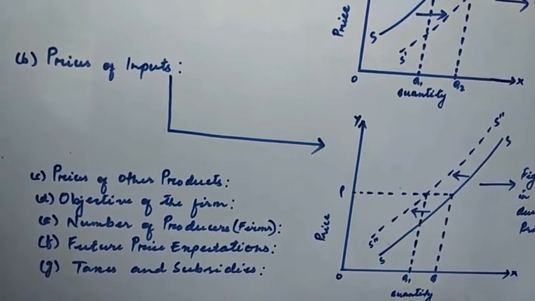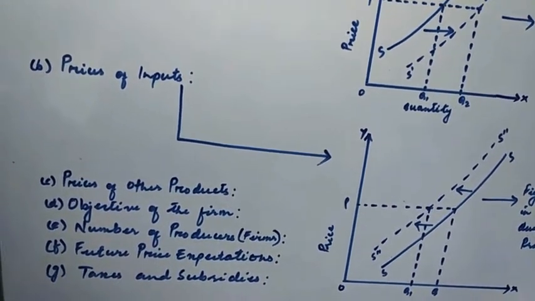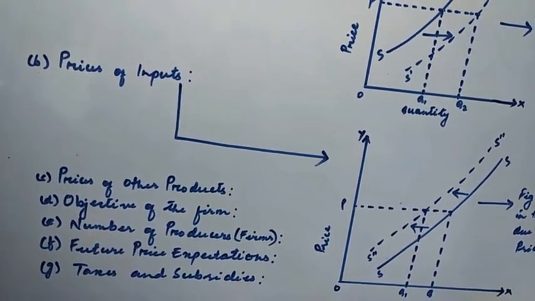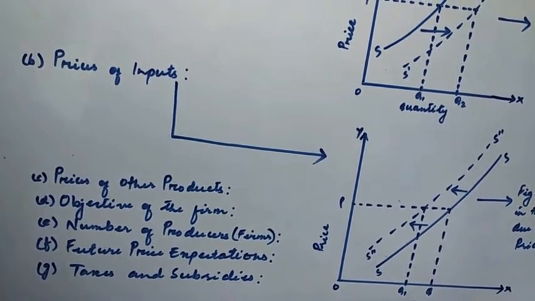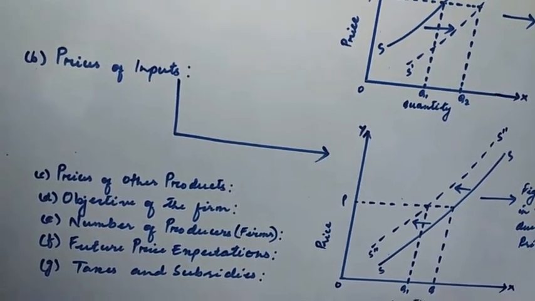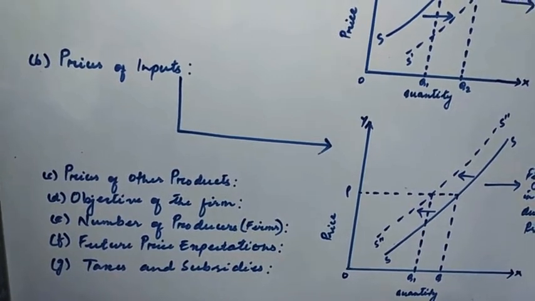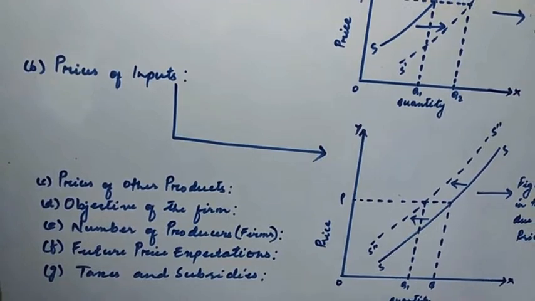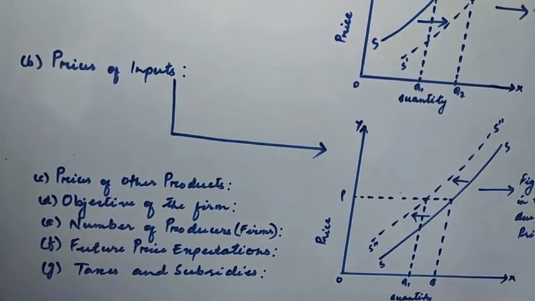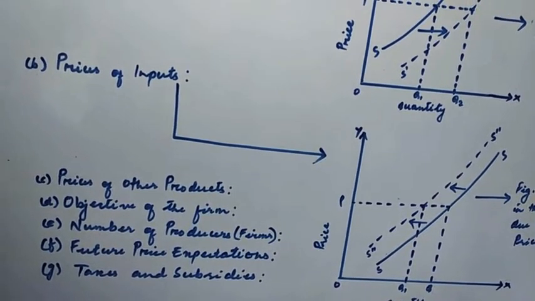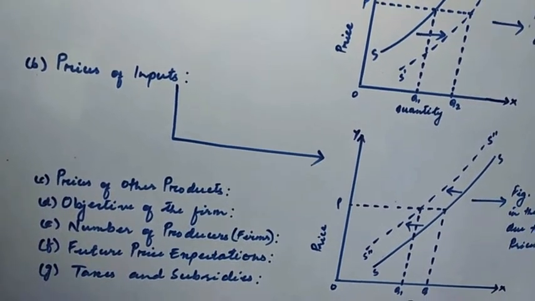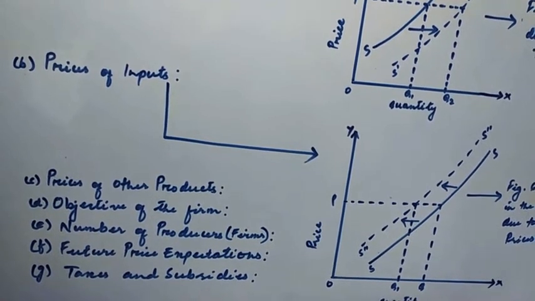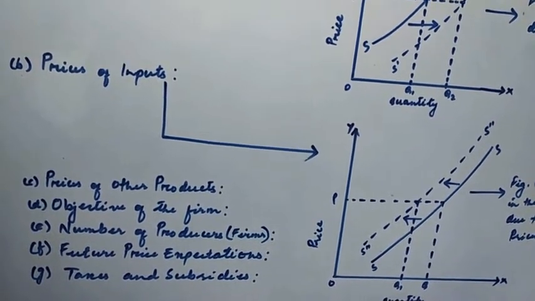Any change in the price of other products would definitely influence the supply of a product, by causing a substitution of one product for another. Let's take an example. If the market price of wheat rises, it will lead to a reduction in the production and supply of pulses by the farmers.